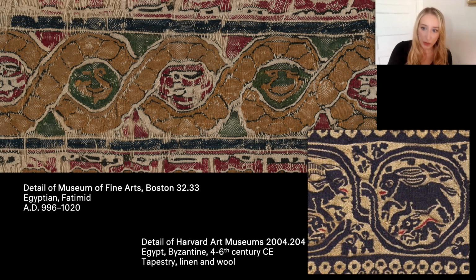While the Byzantine weaver was more interested in showing details of the animals and conveying the essence of their energy and interactions, the Fatimid weaver explores the potential of the animals and vines as small-scale elements of an overall decorative pattern.